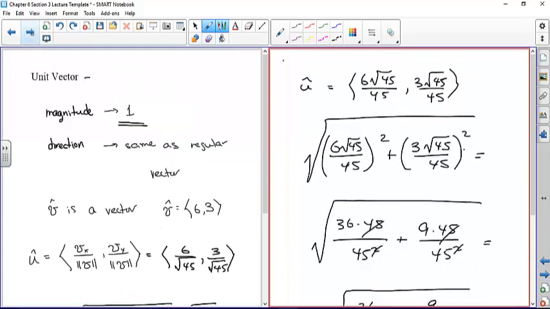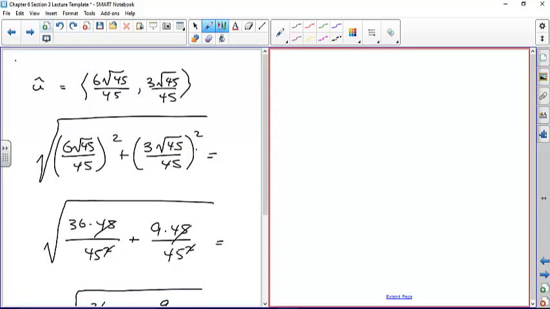So there's one thing about unit vectors. Let me use the hat notation here. Vector v is equal to the magnitude of v times the unit vector u. And you can see what would happen if I took the magnitude of v, which is the square root of 45, and multiplied it by the unit vector.